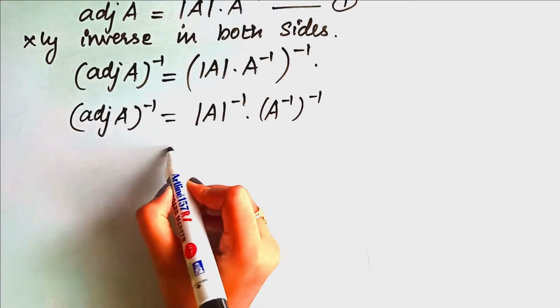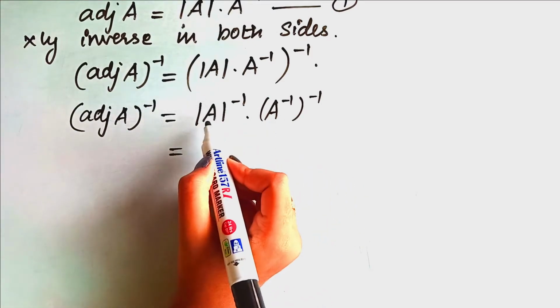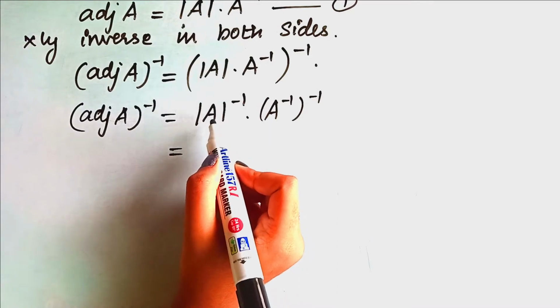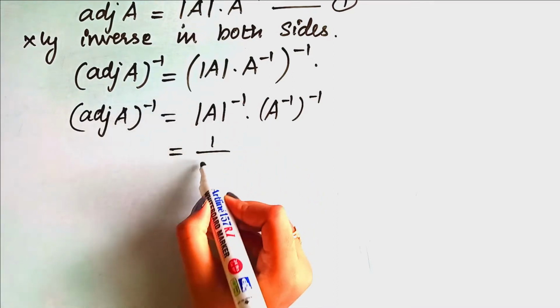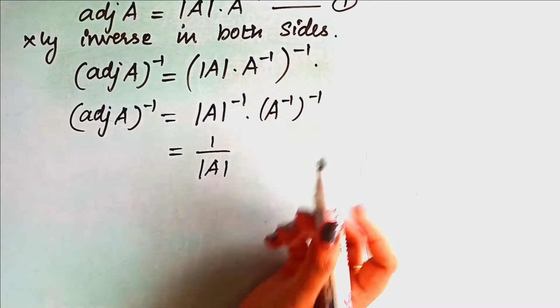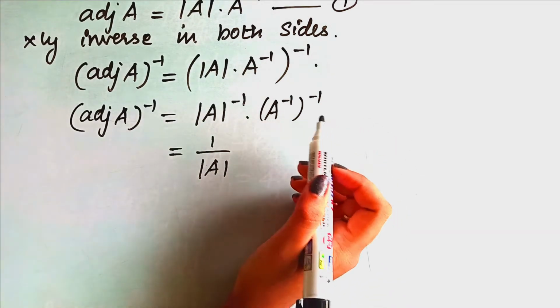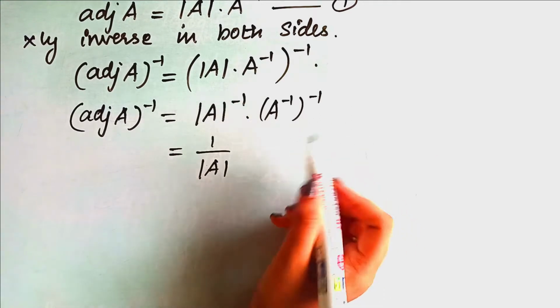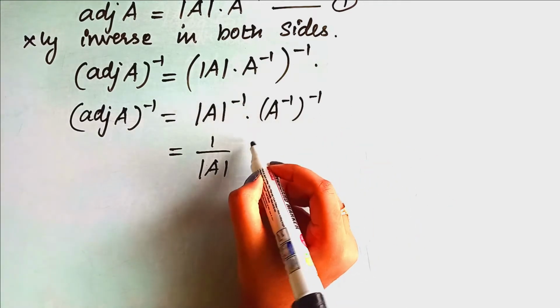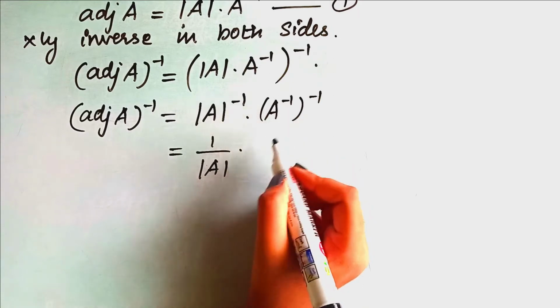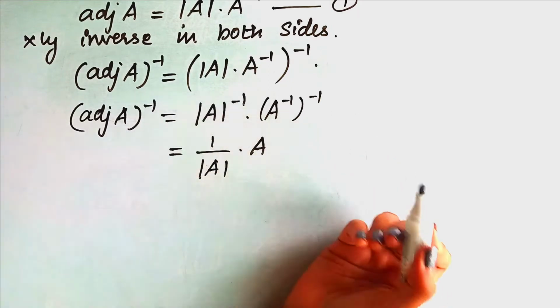Right. Now, here we already know that determinant of A inverse can be written as 1 divided by determinant of A. Right. And here by the law of double inverse, if A inverse, the whole inverse, is there, then it will be equal to A. So we are substituting A instead of A inverse, the whole inverse.